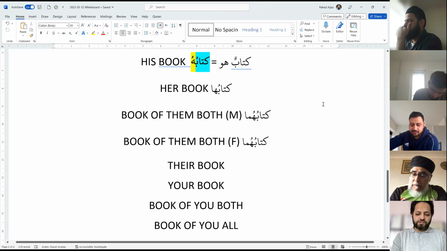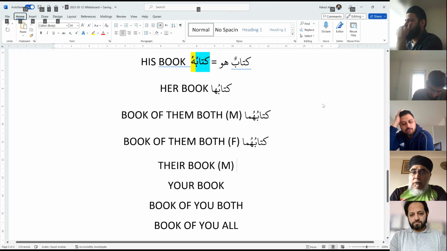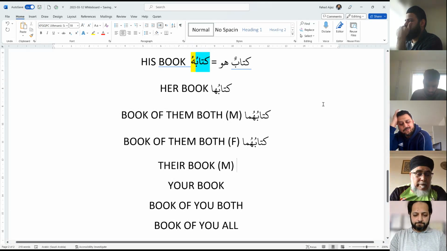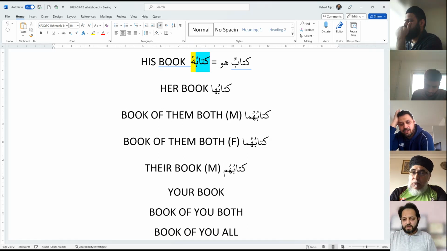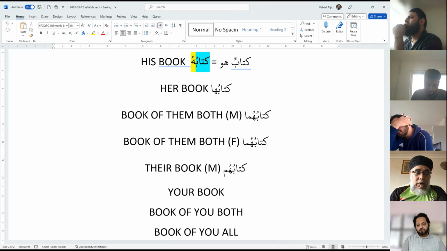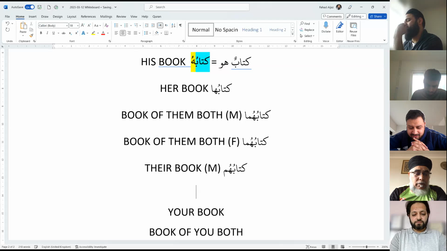Now their book. This one we are doing masculine form. Let's see who. Kitabuhum. Kitabuhum. Correct. And again, why not hunna or hinna? Not in masculine. Right.